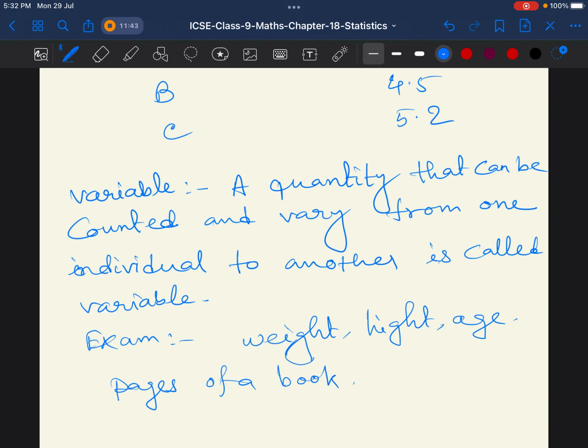Here you see weight in a class 9, weights vary from one individual, from one student to another.